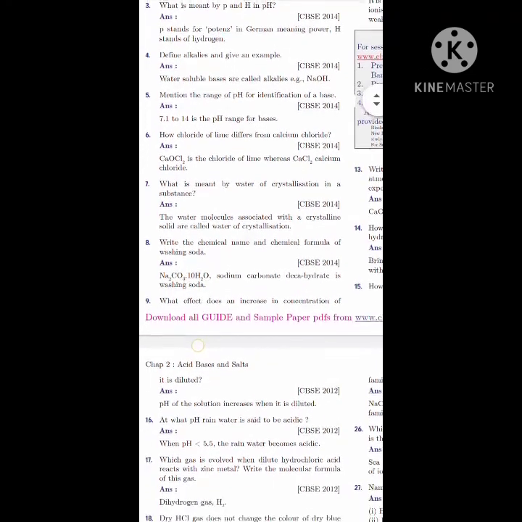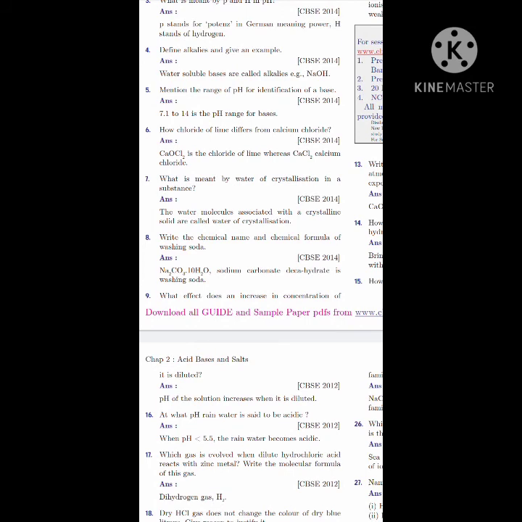Next, define alkalis and give an example. What are alkalis? The water soluble bases, the bases which dissolve in water, are said to be alkalis. Example, sodium hydroxide, NaOH.